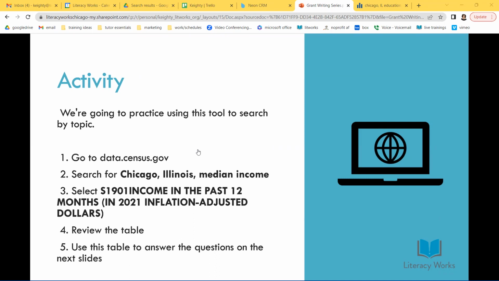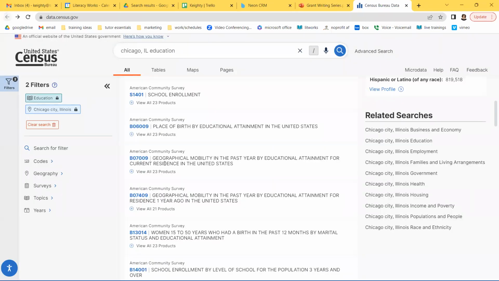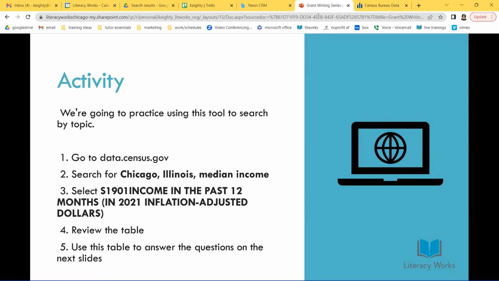I want you to go to that website and type in the search bar: Chicago, Illinois, median income. In the future, you can type your own cities, but for this exercise, type in Chicago, Illinois, median income. I want you to select this table at the top.